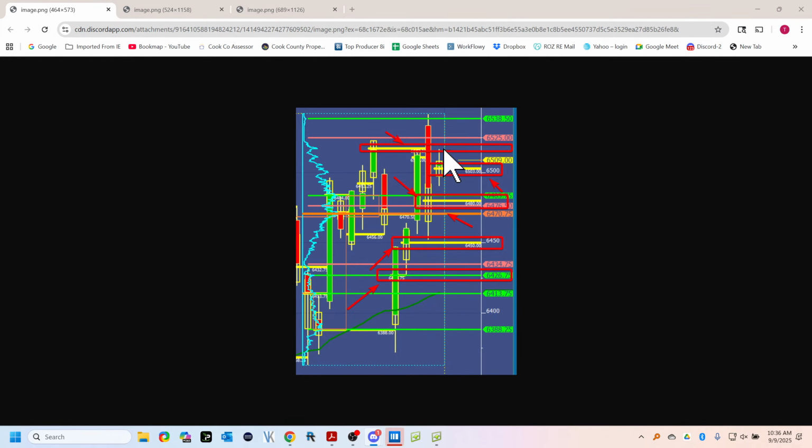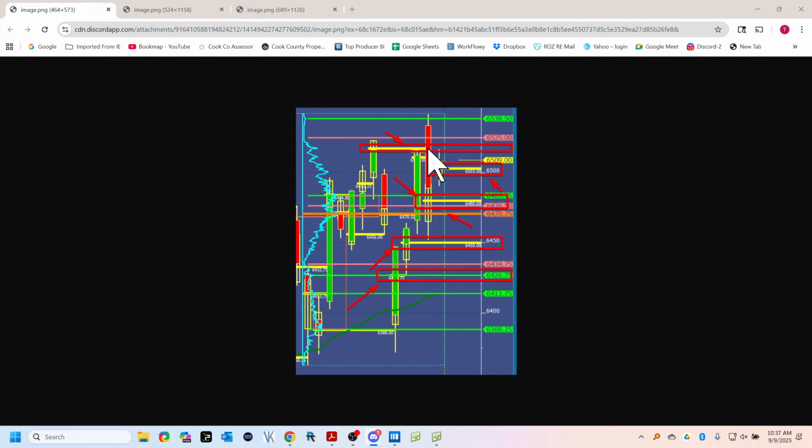Yesterday, we had what's called an inside day. Now, 17 was our resistance, and we just missed it by a smidge, a little bit, but we're inside. We also tested the value area high, where most of the volume took place on this day, and in this range, and I'm going to show you another way to look at this.